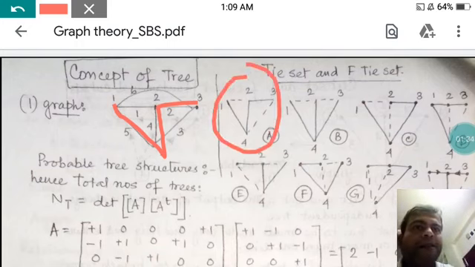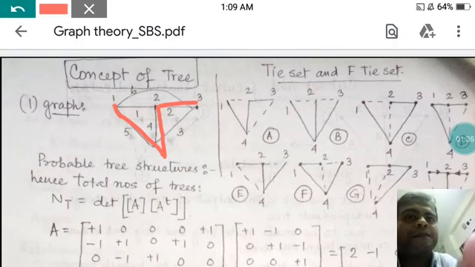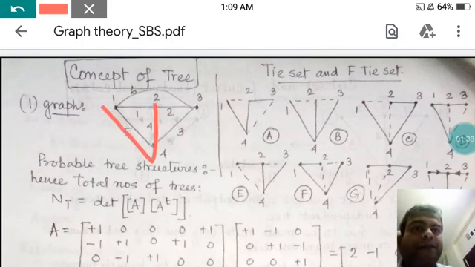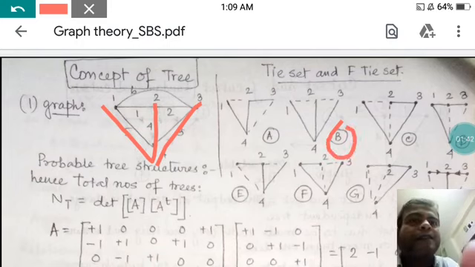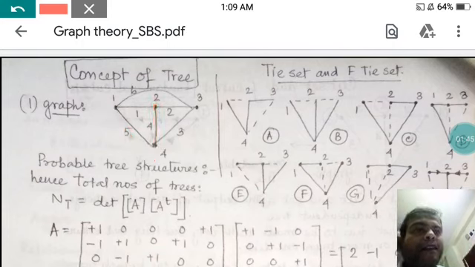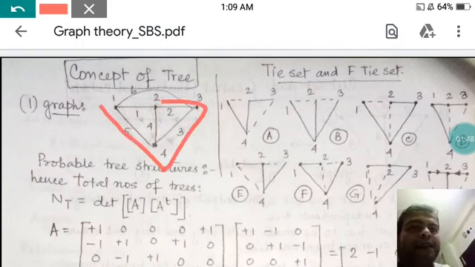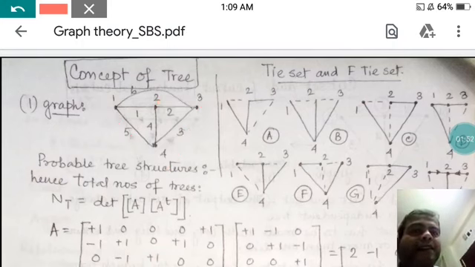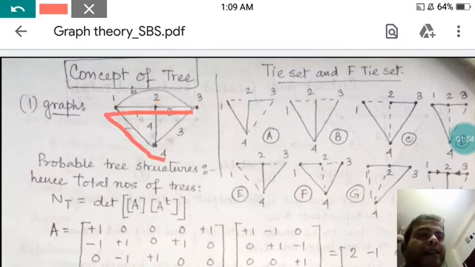Or if I take these three, it is a second one. Or if I take this one, it is another.